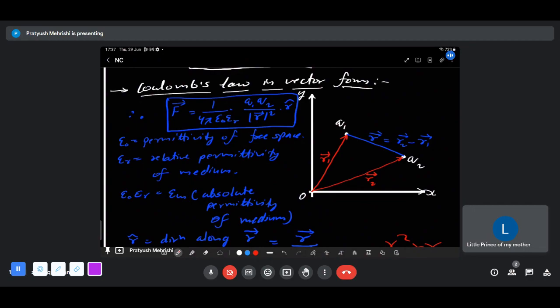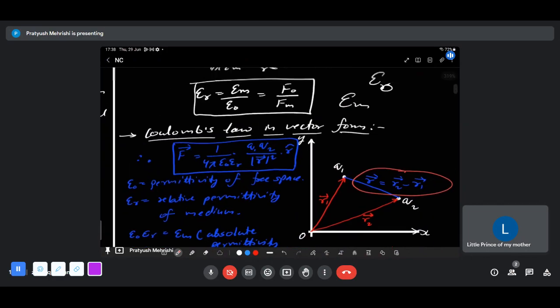Now, when position vectors are given, we do not need the position vectors themselves; we need the distance between the two charges. Whenever we subtract the position vector of one from the other, we get the relative displacement between the two positions. So we write r equals r2 minus r1. This is our relative displacement. Got it?